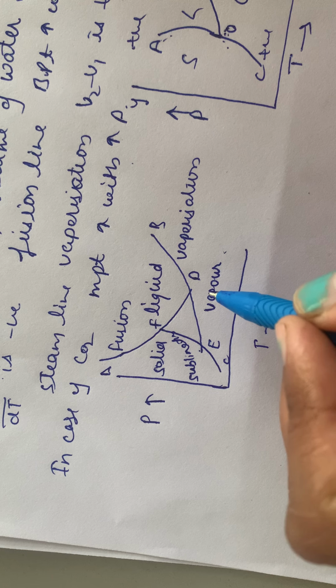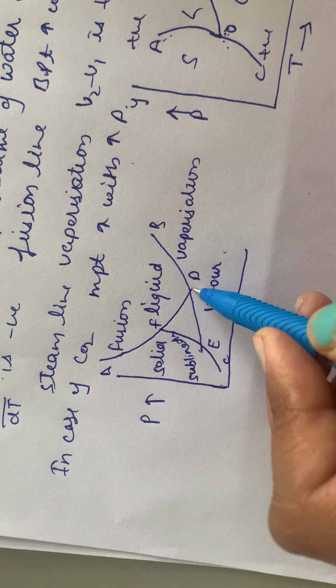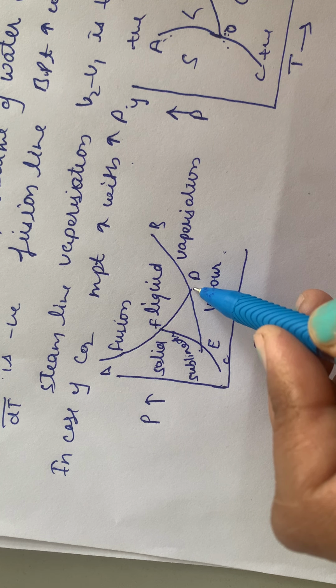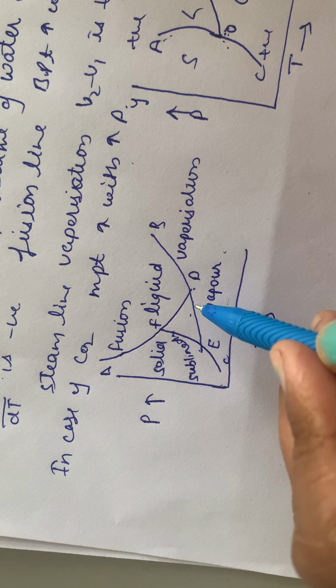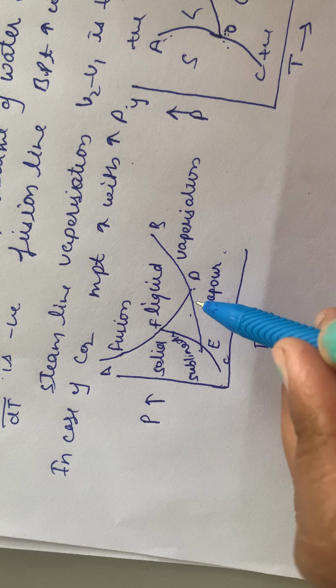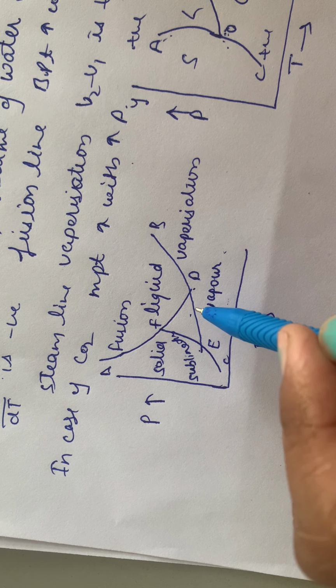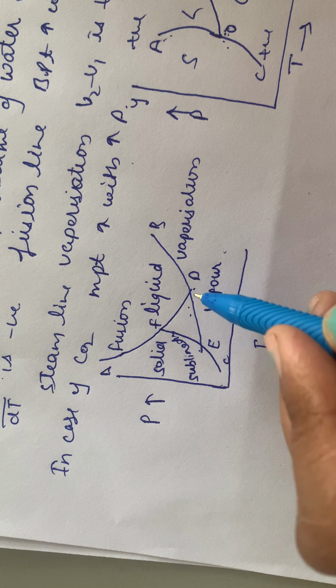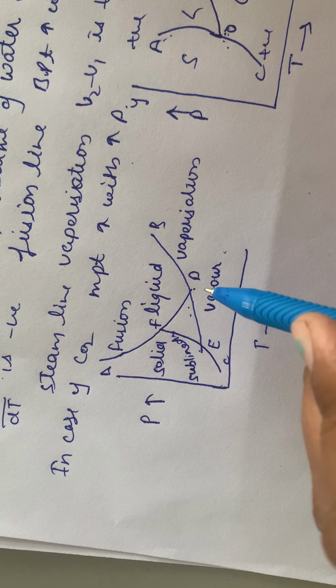Again, this point lies towards the left of fusion line AD. At this point, the substance can exist in solid state. Also, this point is towards the right of the sublimation line, and hence the substance exists in vapor state. According to three different lines, the substance should exist only in liquid, only in solid, and only in vapor state simultaneously, which is impossible.